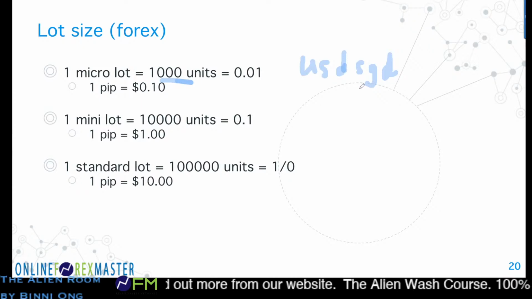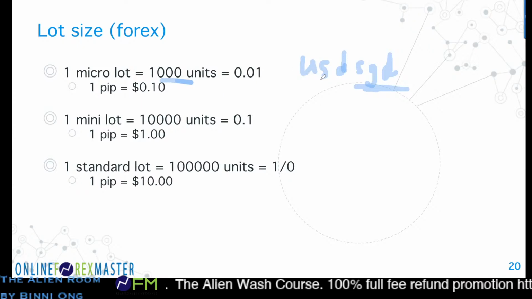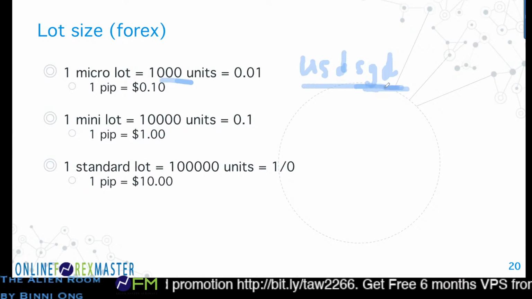I'm not too sure whether I got it correct, because this was too long ago for me. But anyway, the whole idea is that you are trading 1,000 units of this particular currency here. And if you want to key this into MT4, then you key in 0.01.